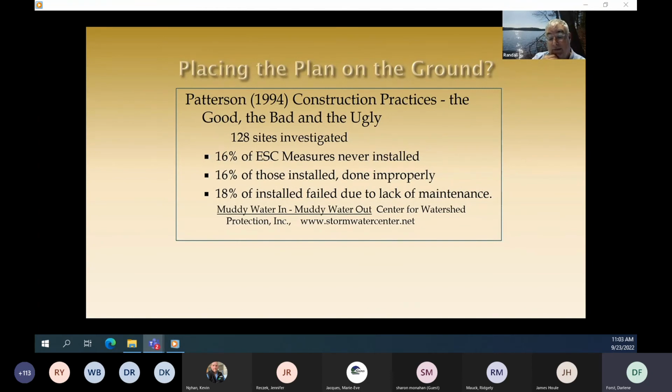And I'll tell you, from construction sites I've been to and from inspection reports I've reviewed, there's always something mentioned about something that's not right. Silt fence is down, sediment is leaving an area it shouldn't be leaving.